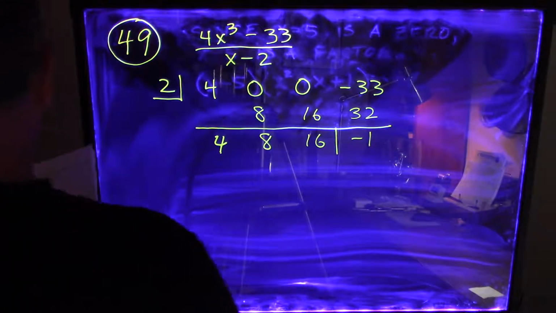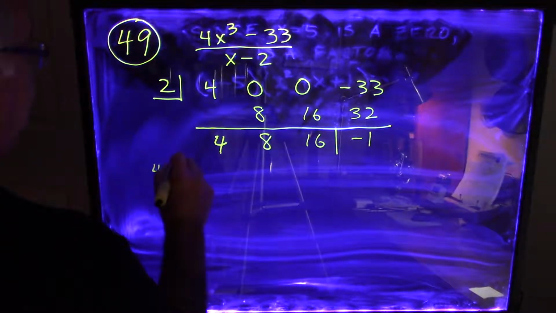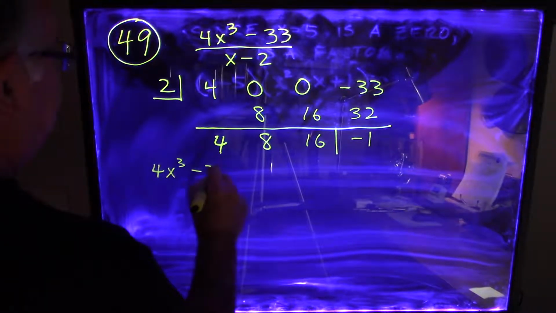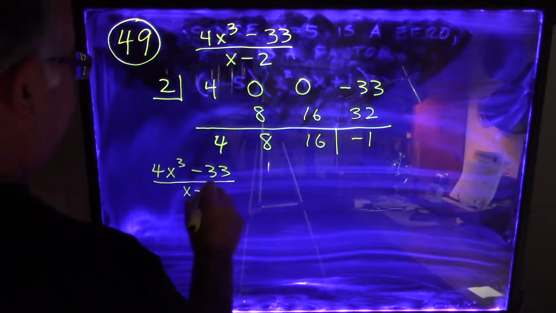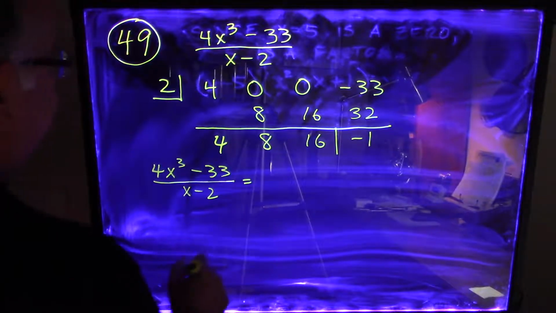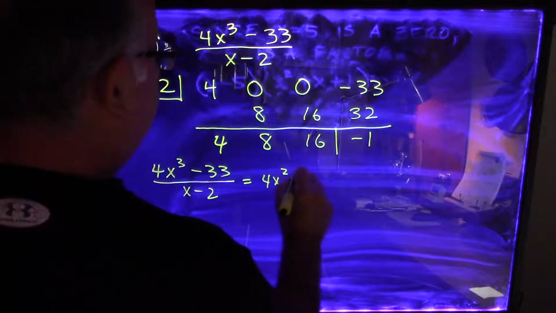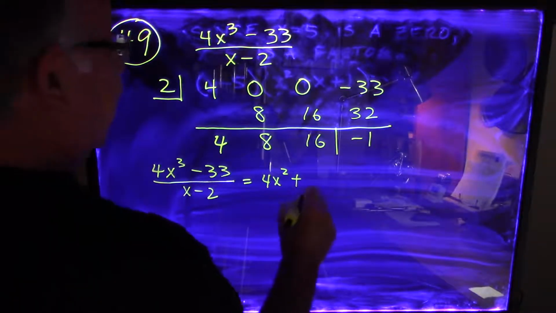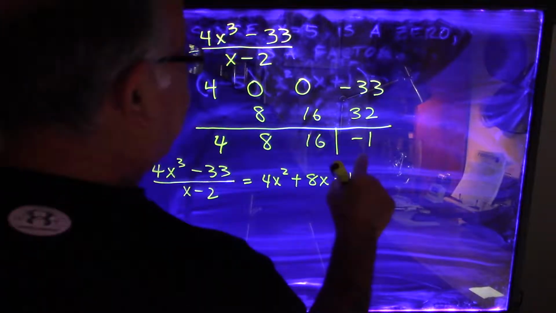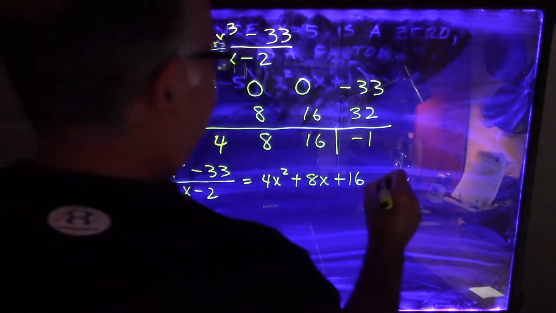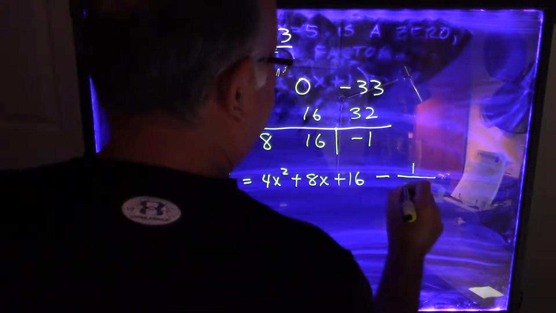So there you go. So written out, we've got 4x cubed minus 33 divided by x minus 2 is equal to 4x squared plus 8x plus 16. Remainder is minus 1, so I'll put minus the remainder over the divisor x minus 2.